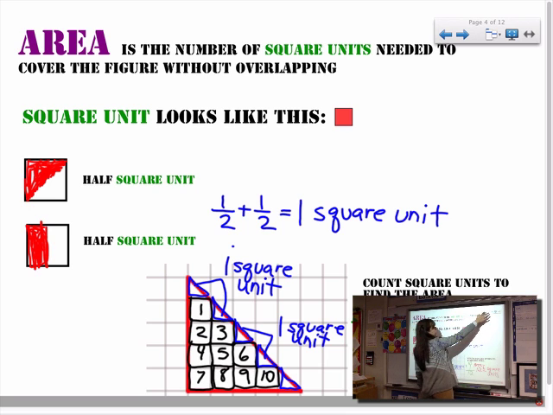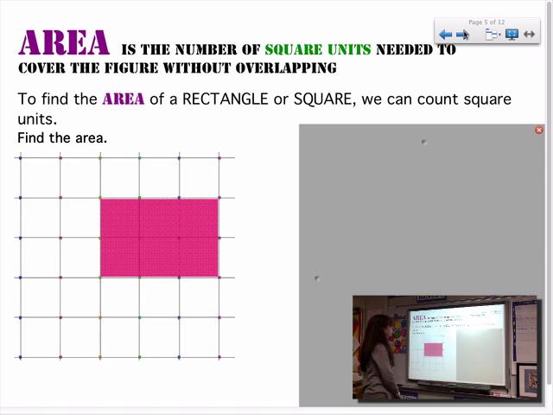Let's try another example. Here's an example of a rectangle, and we are asked to find the area. Over here, we can count square units because we're given a grid to find the area of this rectangle. So count with me.